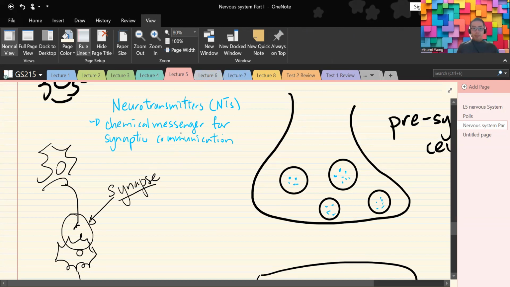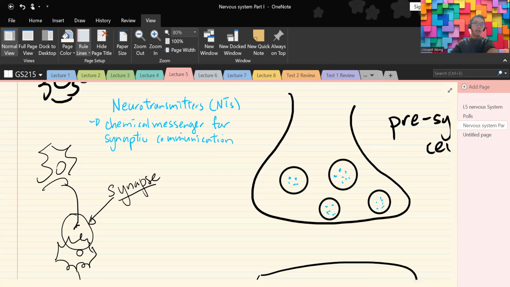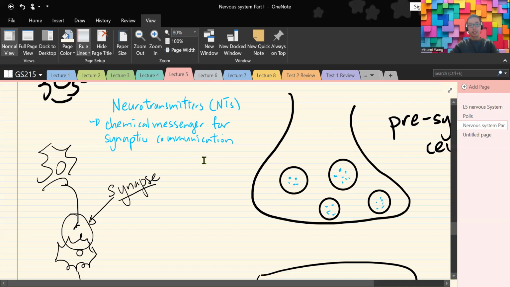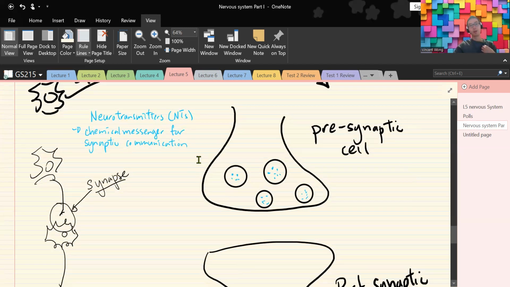Now, it's important to know a couple of things. I'm not going to write all of it down because it's already in the lecture notes. I'm just going to refresh your memory about it. So a couple of things to know about neurotransmitters. Number one, they can be excitatory.